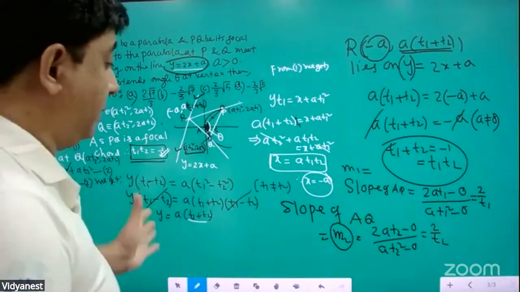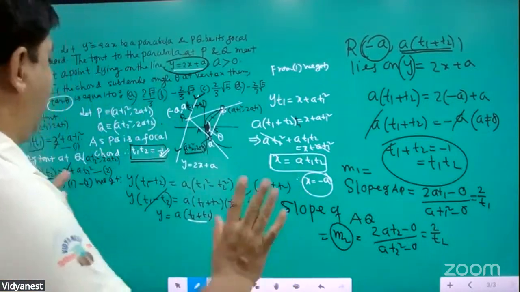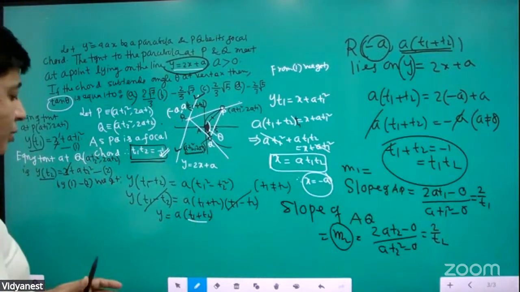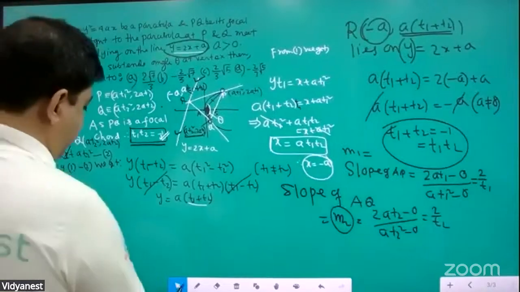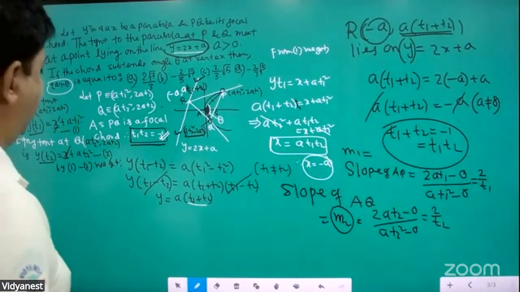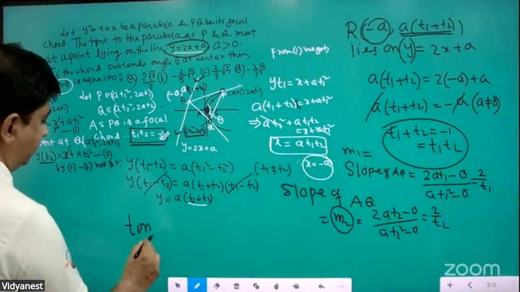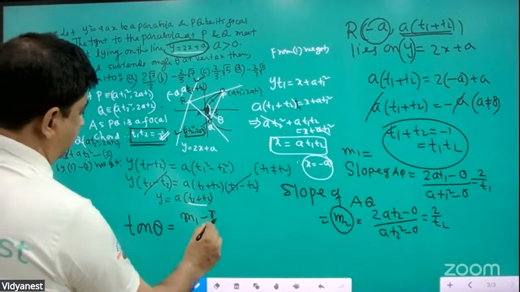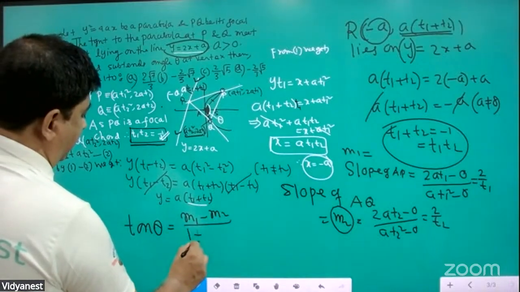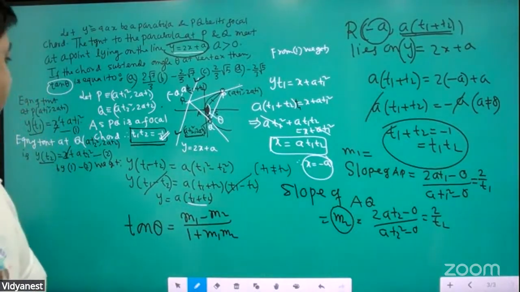You are taught this equation, a basic board-level formula: tan theta, the angle between two straight lines, is (M1 minus M2) by (1 plus M1 M2).